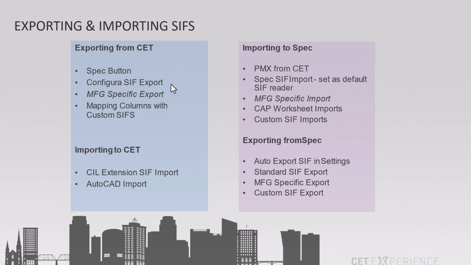It is the most general and basic setup. If you have a manufacturer specific export, please use that instead of the Configura export. And then you can also map columns to create custom CIF exports. We do recommend working with our support team if you are going to do that.